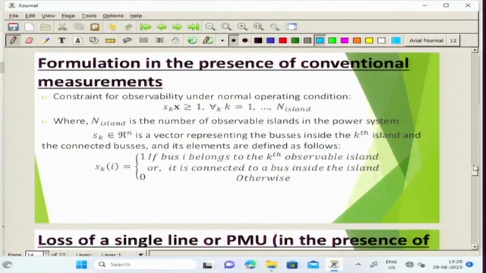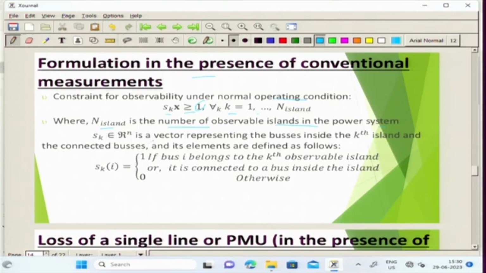So, formulation in the presence of conventional measurements: the constraint for observability under normal operating conditions is Sk(x) greater than or equal to 1, which means at least one observability would be there, for k equal to 1 to n_island, where n_island is the number of observable islands in the power system.